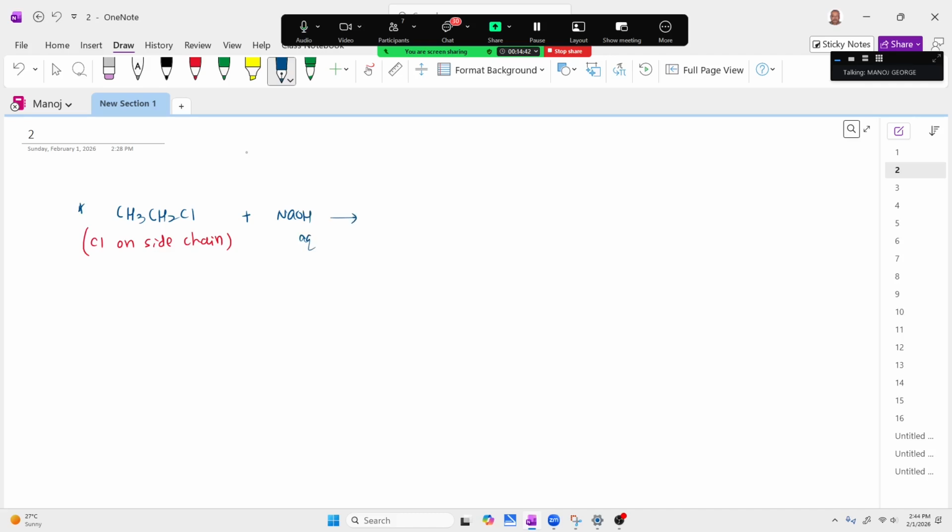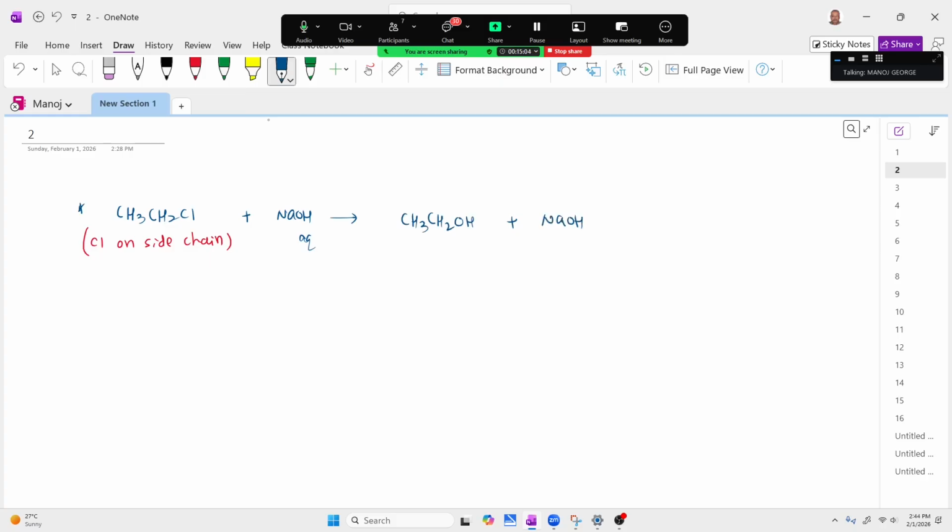Primary halogenoalkanes, secondary halogenoalkanes do both SN1 and SN2, and tertiary halogenoalkanes. So this is a primary halogenoalkane. It undergoes SN2. So I can get the Cl out and I can convert this into alcohol. So this reaction is possible, NaOH.